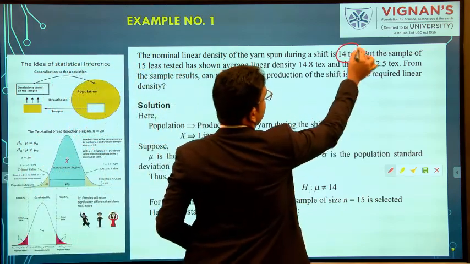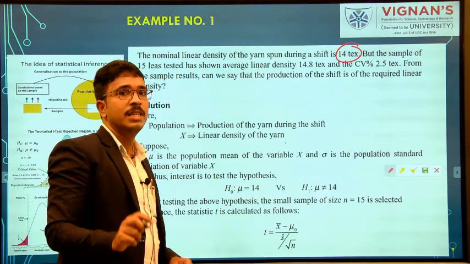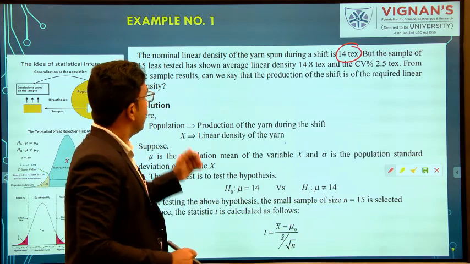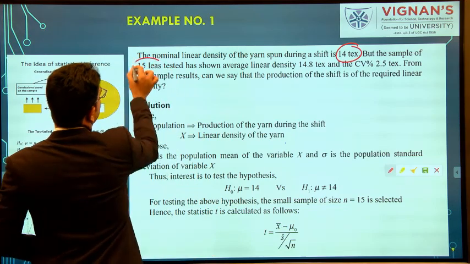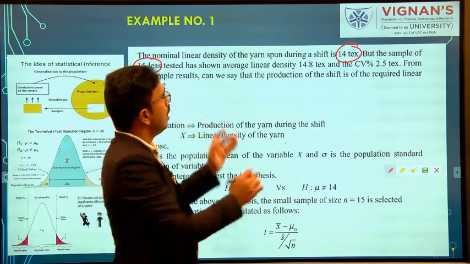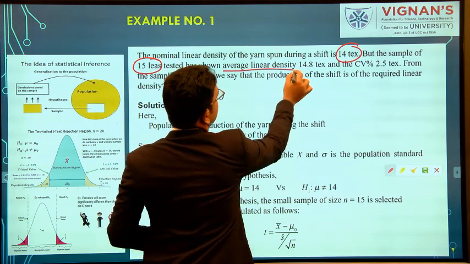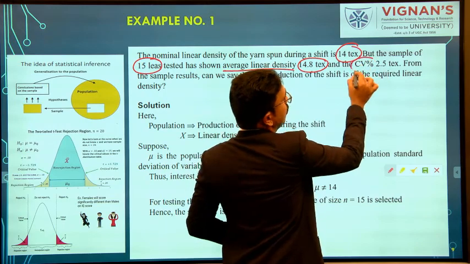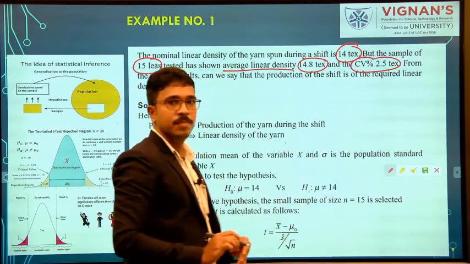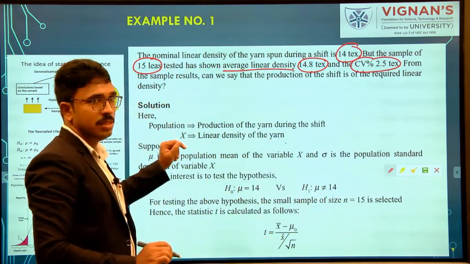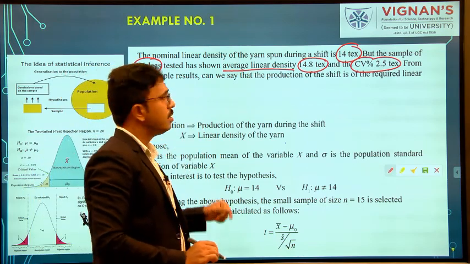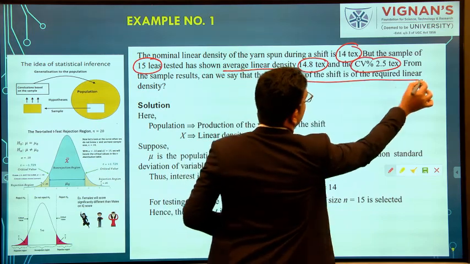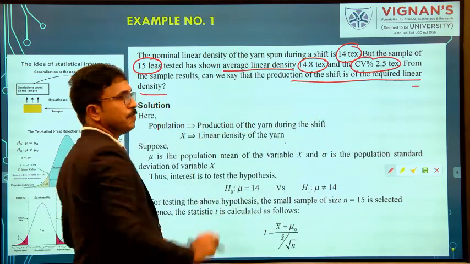That means the expected value of linear density in that particular shift is 14, but a sample of 15 tested has shown an average linear density of 14.8 tex and a CV percentage of 2.5. From the sample results, can we say that the production of the shift is of the required linear density?